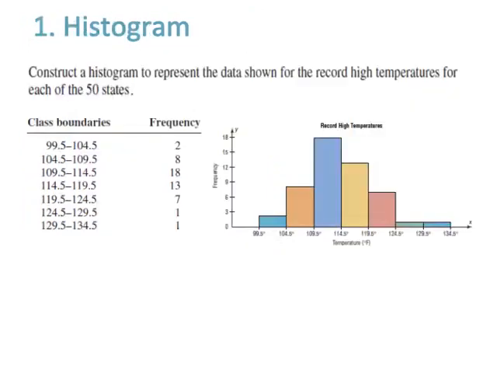Number 1 is histogram. Construct a histogram to represent the data shown for the record high temperatures for each of the 50 states. There are 7 class boundaries of grouped data with a width of 5 and a total frequency of 50. The class boundaries are given on the x-axis while frequencies are given on the y-axis.